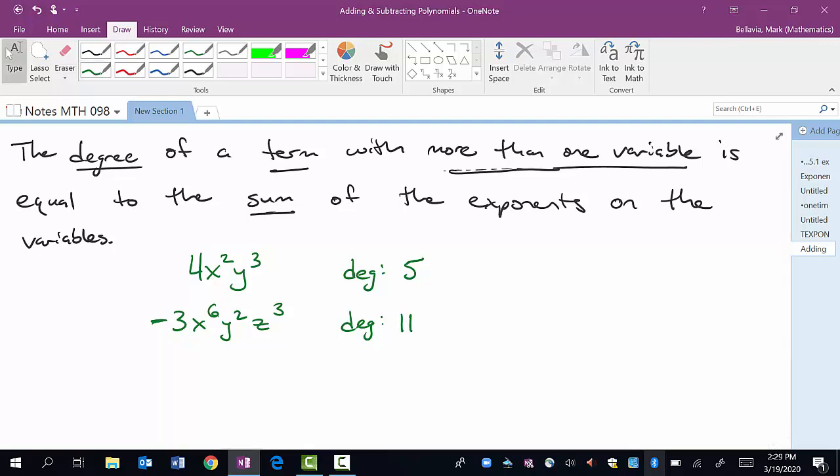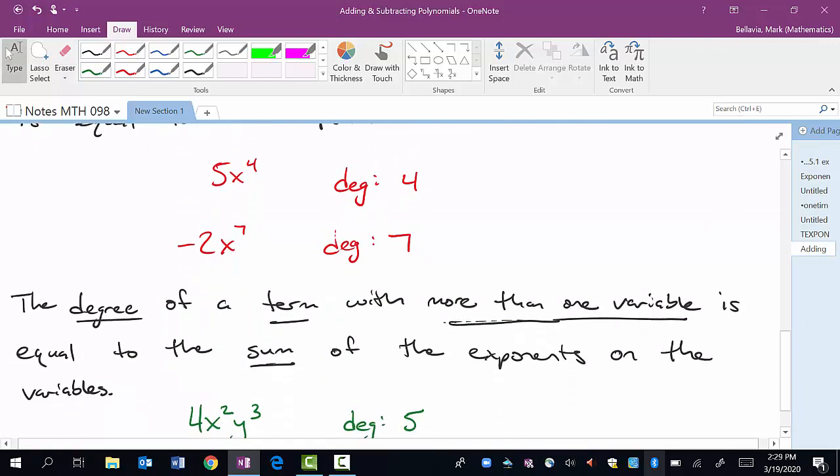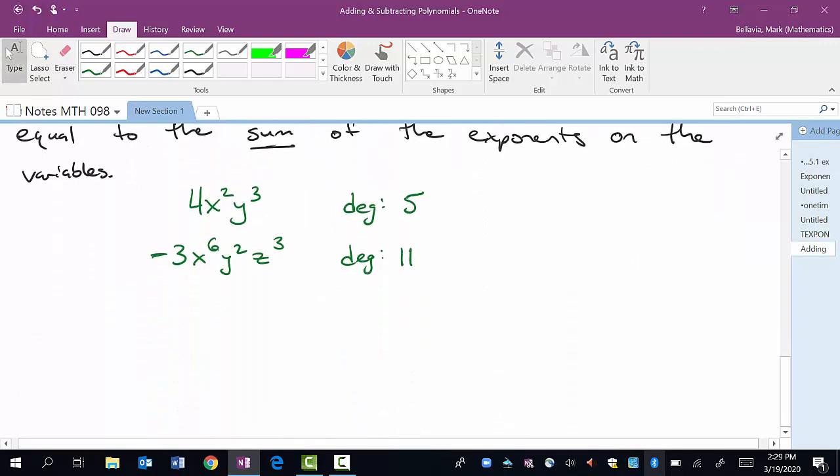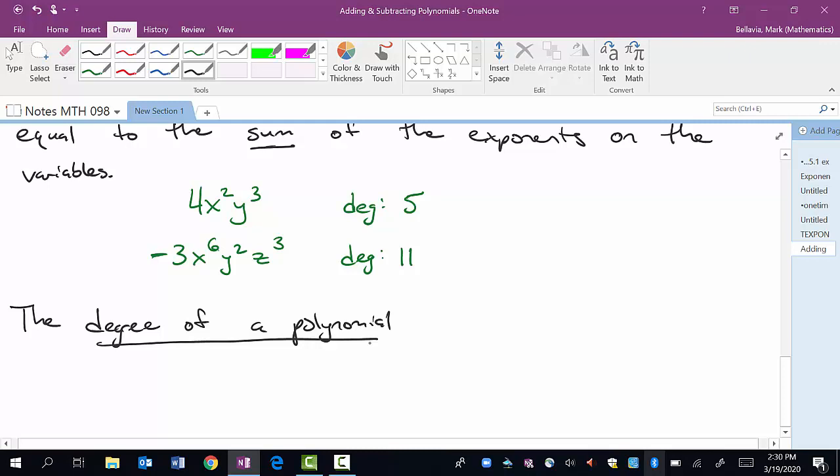So the last two definitions here talked about the degree of a term, whether it had one variable or more than one variable. We can also talk about what we call the degree of the polynomial. So that's a little different because we're talking about the entire thing now. So the degree of the polynomial is the same as the degree of the highest term.